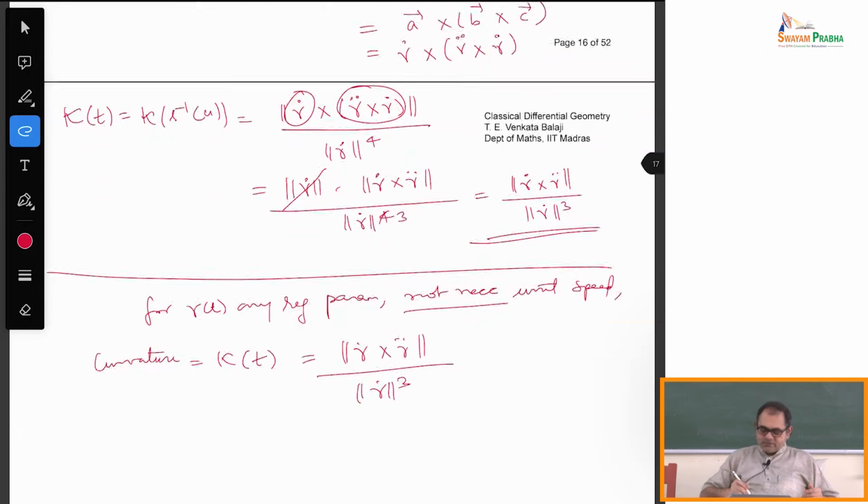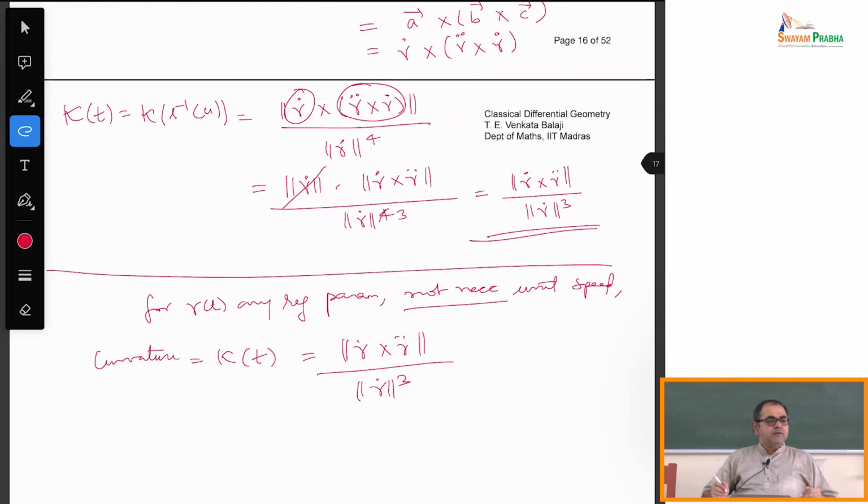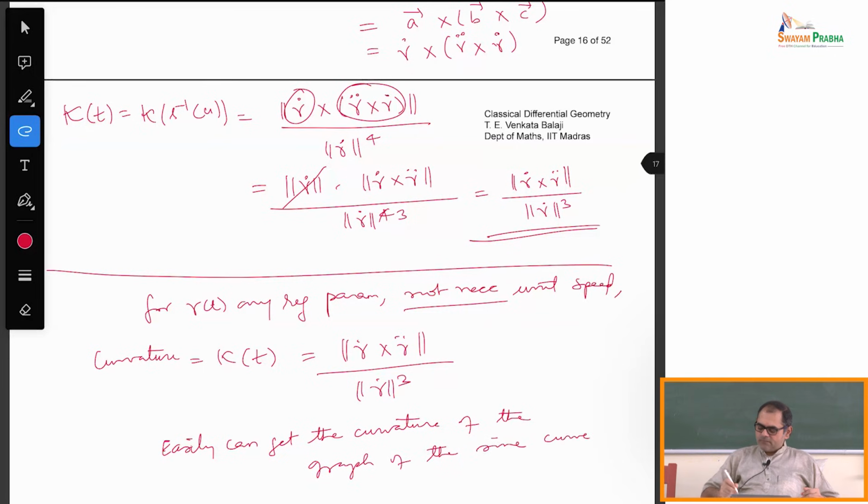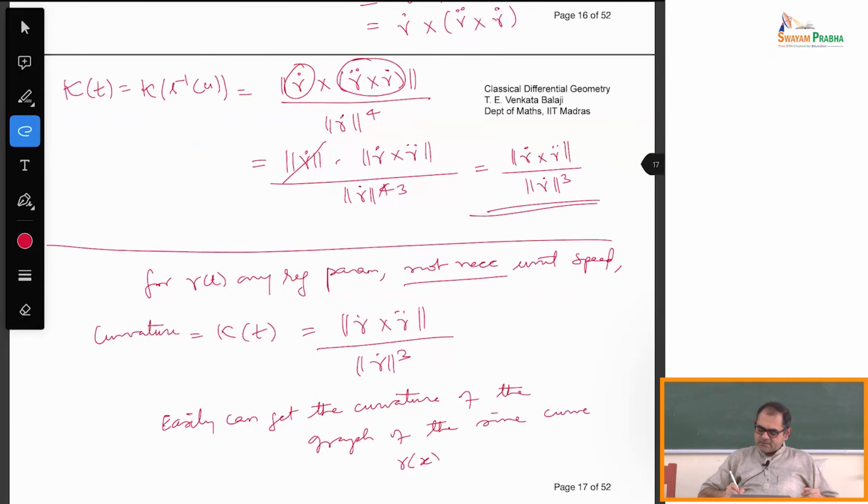Okay, now you see the advantage of this formula: you can easily compute the curvature of the graph of the sine curve, gamma of x equal to (x, sine x).